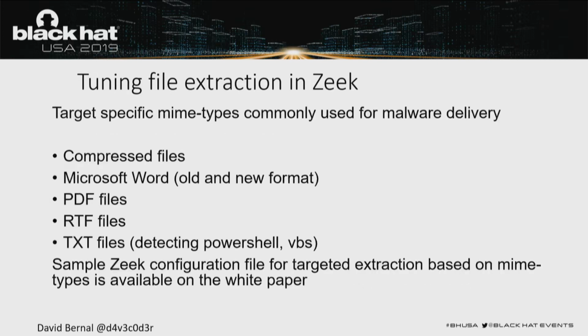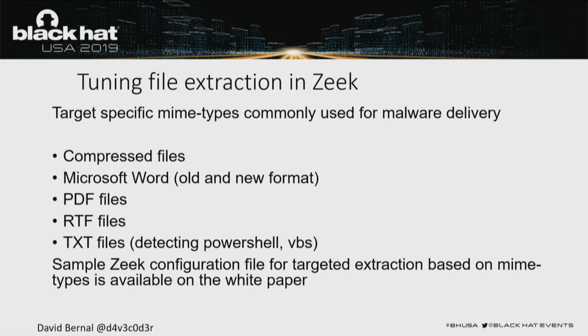evade detection. So here are the files that you could extract, which are commonly used on malware delivery. I decided to extract compressed files, Microsoft Word documents, PDF files, RTF files, and text files that could also allow you to detect some PowerShell, JavaScript, VBS-based attacks.